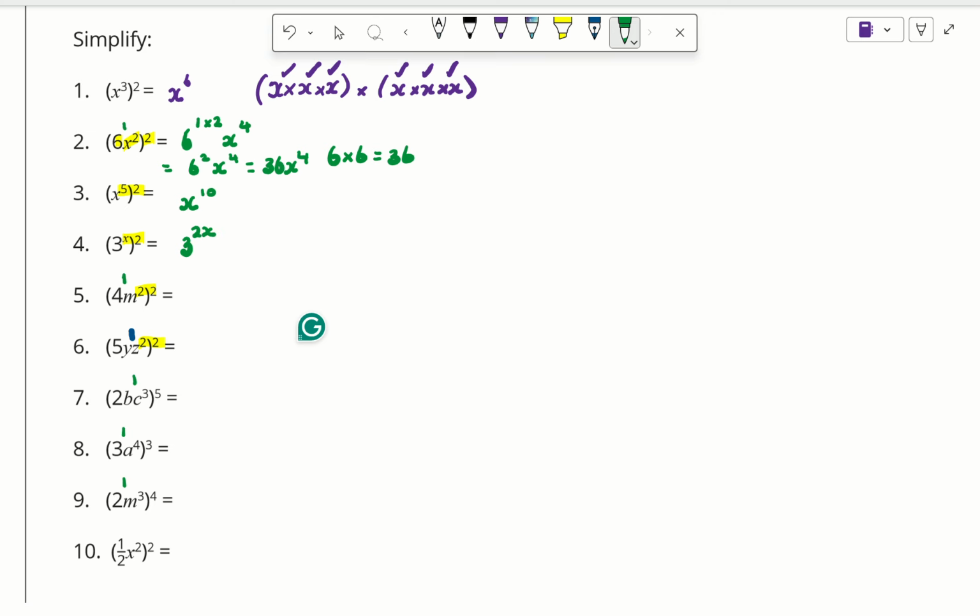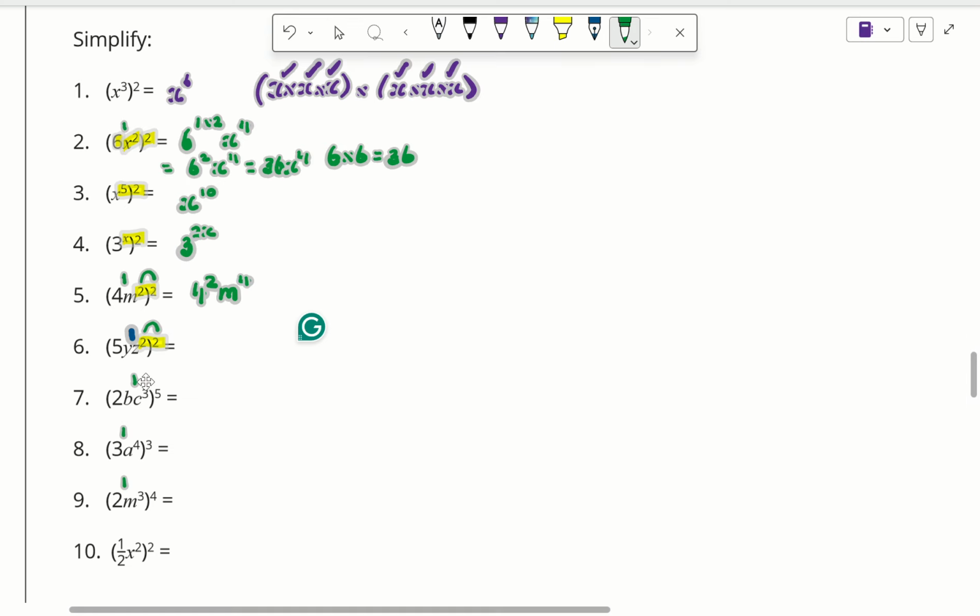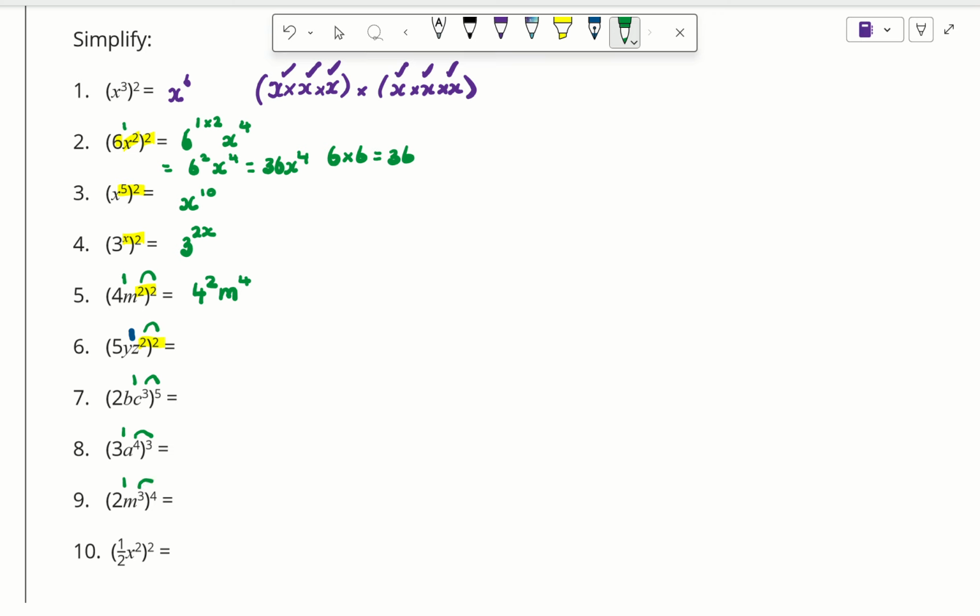4 to the power of 1 to the power of 2 is 4 to the power of 2. Again, in brackets, we're multiplying those powers. 2 twos are 4. 2 twos are 4. 3 fives are 15. 4 threes are 12. 3 fours are 12. And 2 twos are 4. Okay?